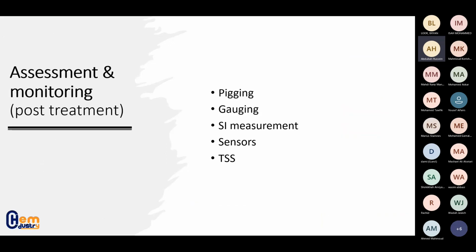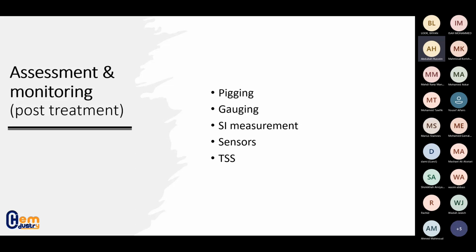After you do your treatment, you have to assess. Basically, you can do this by physically looking into your system, using either pigging if it's in the pipeline, or gauging in the wells. You also can do the scale inhibitor measurement. This is the most common one. And with this one, you have to make sure your inhibitor concentration is not below the minimum inhibitory concentration.